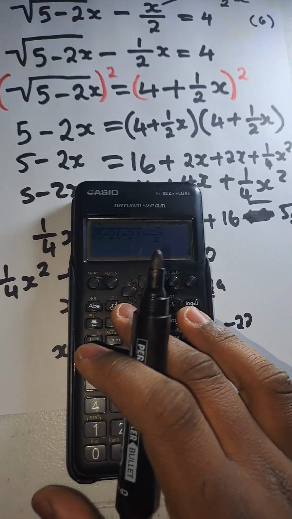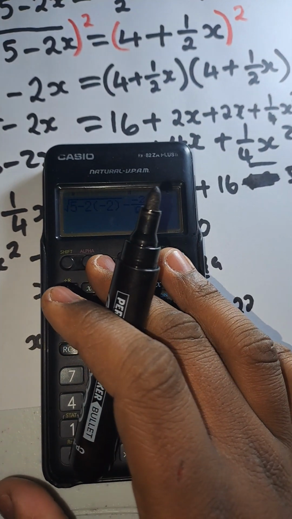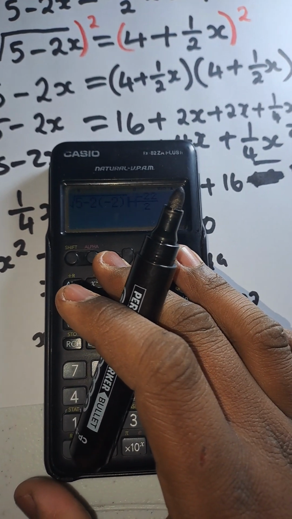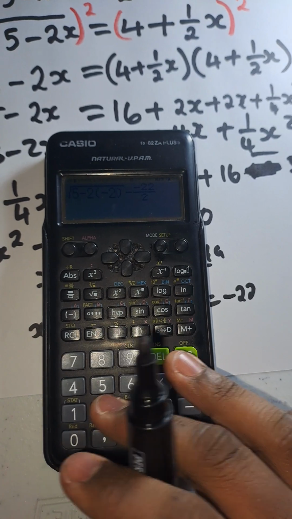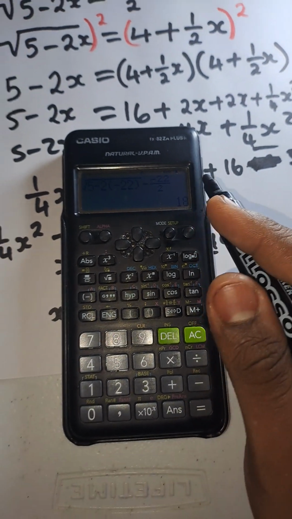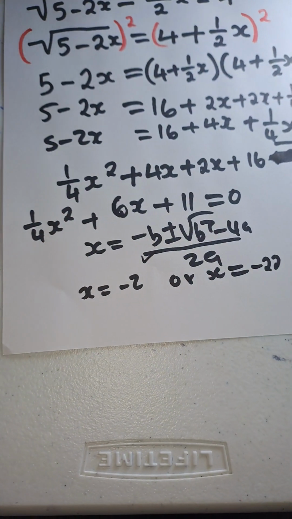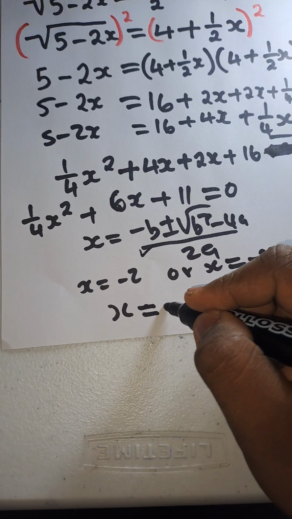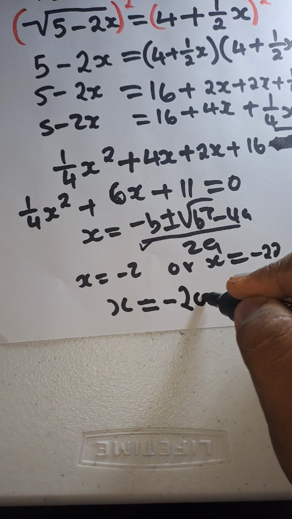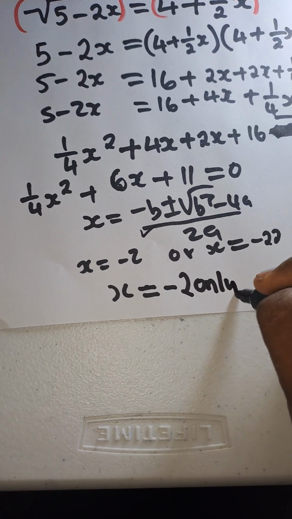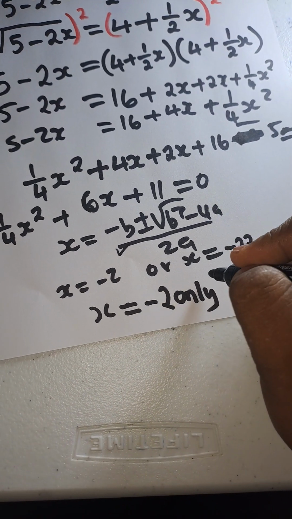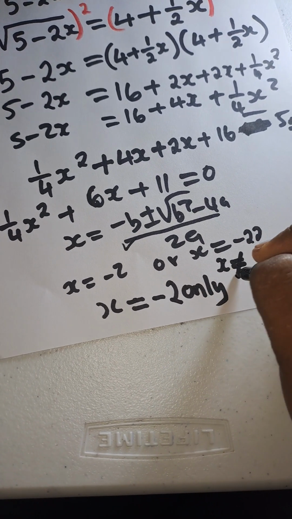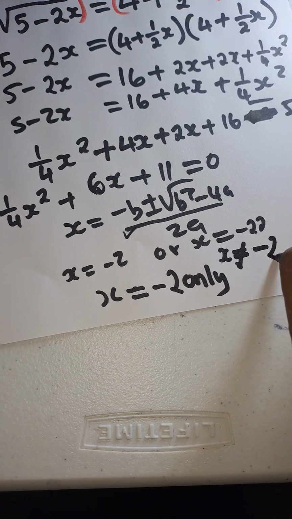Let's use the minus 22. I'm going to add 2 here and another 2 here, and this one is now giving me 18. So it means x equals minus 2 only, and x is not equal to minus 22.